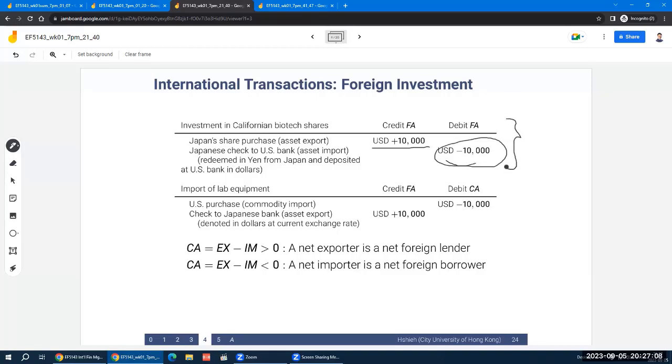Okay. So just based on this transaction alone, reiterate again, no change in the current account, right? Because we're just talking about financial account. But if the shares pay dividends, it should impact the current account in the future.